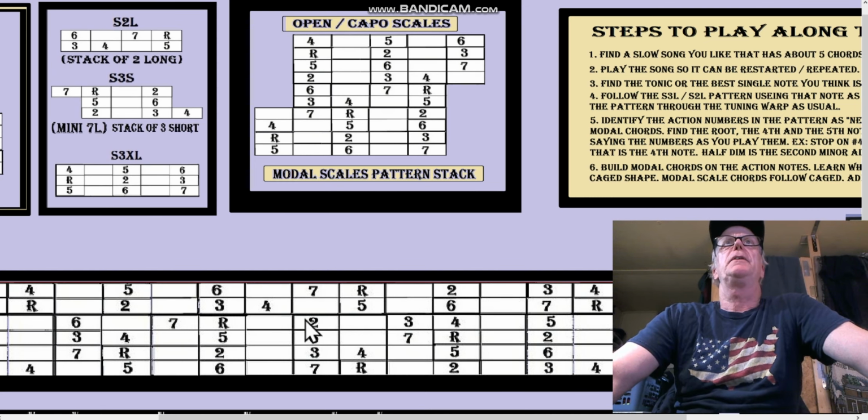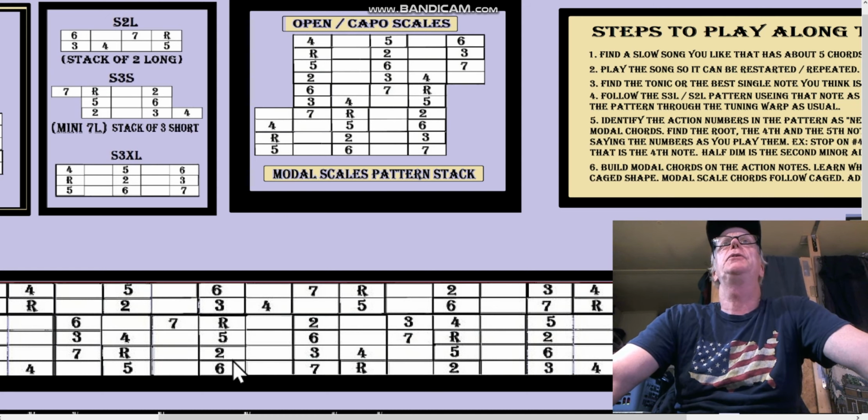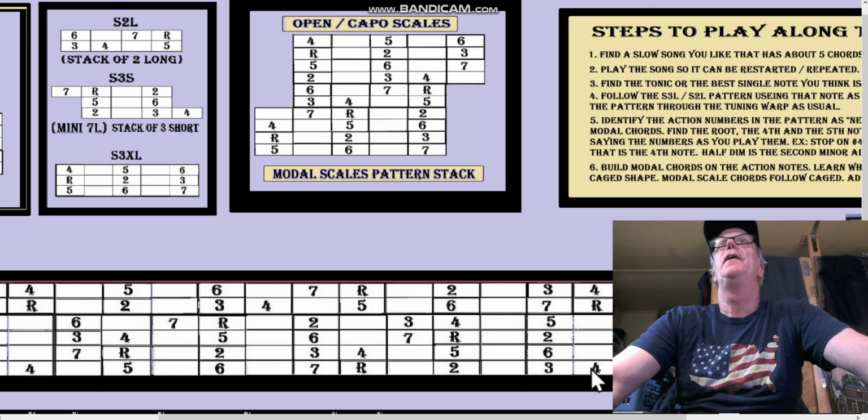So we've got this S3L here, and we got an S2L here, and then on the bottom over here, same note, we've got an S2L, S3L here, and on top of that we have an S3L, but it warps over up on string number 5 here. It's warping over there, you see, so the 3 doesn't go straight up, it goes over.